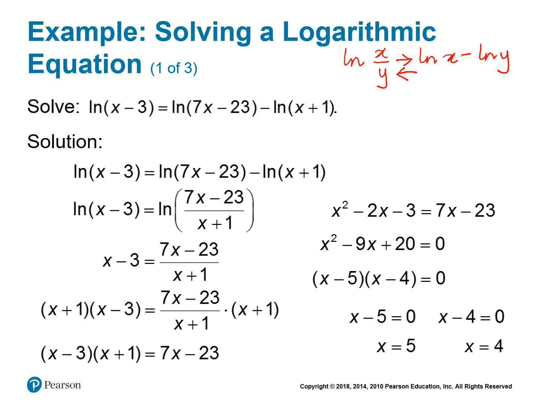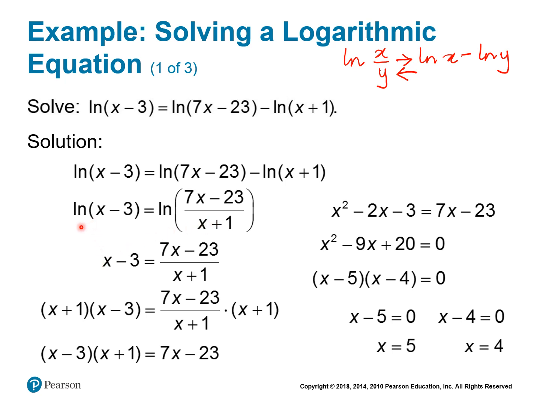Or if it is already in the expanded form, we can write it in a compressed, contracted form of ln of x divided by y. All right. And that's what we are going to do here to collapse ln of 7x minus 23 minus ln of x plus 1 and write it as a quotient.